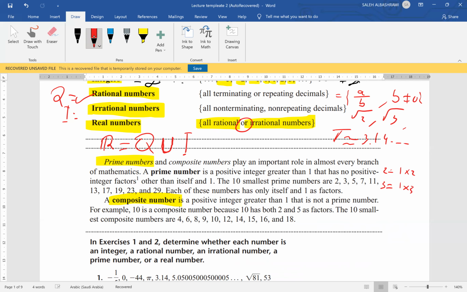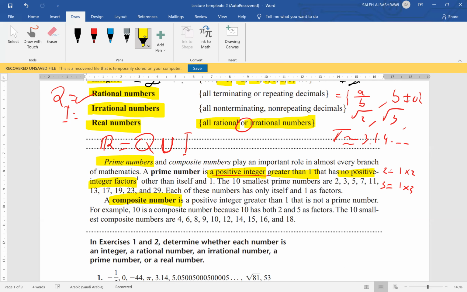We don't have other divisors. A prime number is a positive integer greater than 1 that has no positive integer divisors other than 1 and itself.